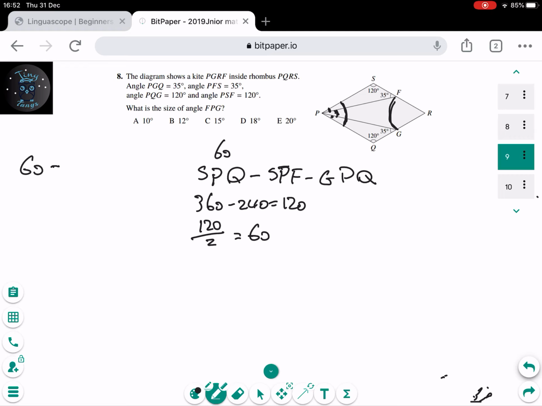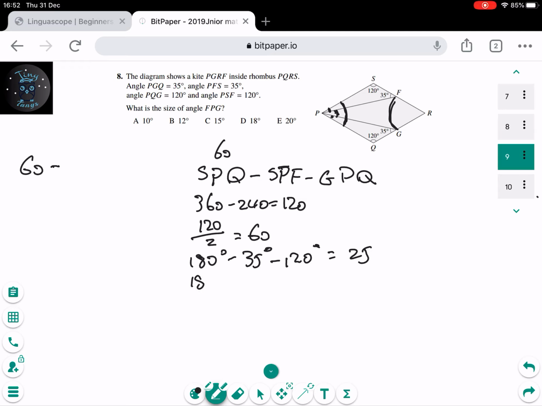SPF would be 180 because it's in a triangle, minus 35 degrees and also 120 degrees. So the answer would be 25, and it's the same with GPQ.